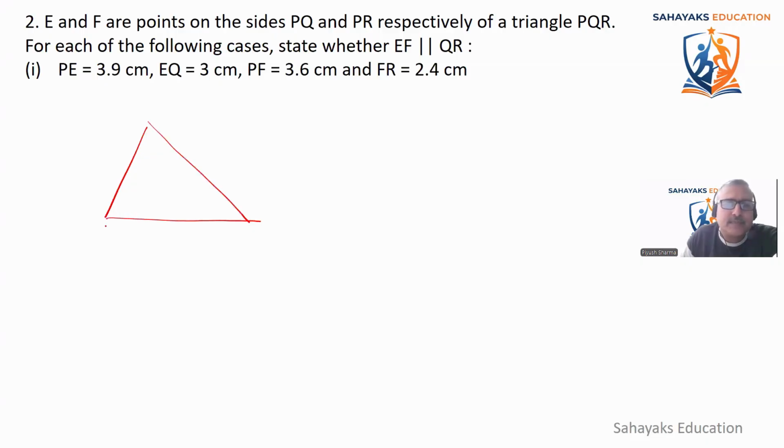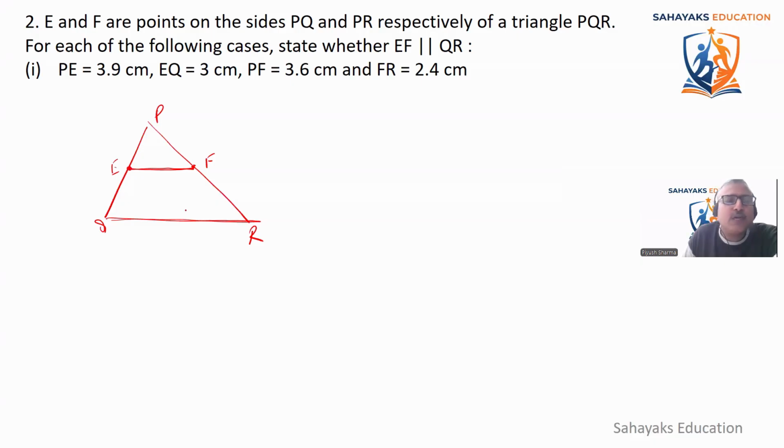This is P, this is Q, and this is R. Now, this point is E, and this point is F. We'll join it. For each of the following cases, state whether EF is parallel to QR or not. So we need to check whether EF is parallel to QR or not.